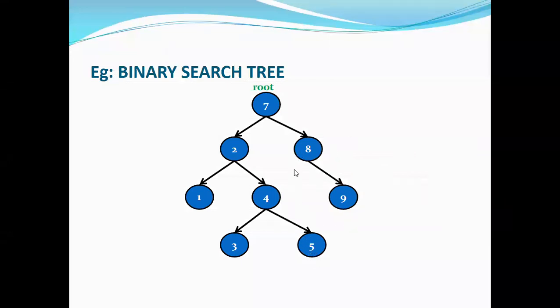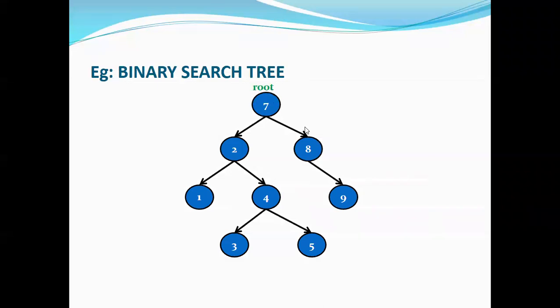Then when you look at this subtree 8, 9, it has no left child, but it has a right child. Its right child is 9. So 9 is greater than 8. So this is a binary search tree because it satisfies the condition that the left child is less than the root, and the right child is greater than the root.